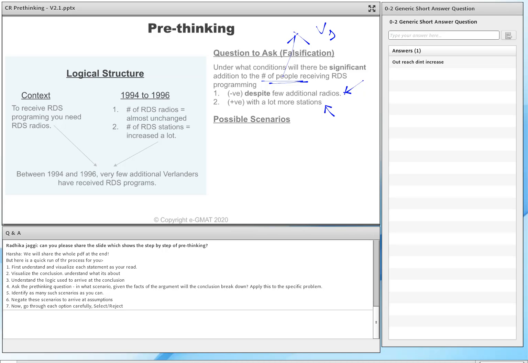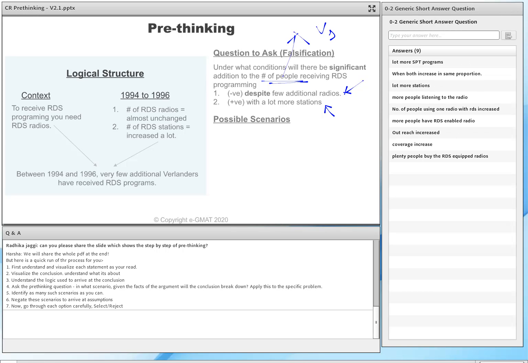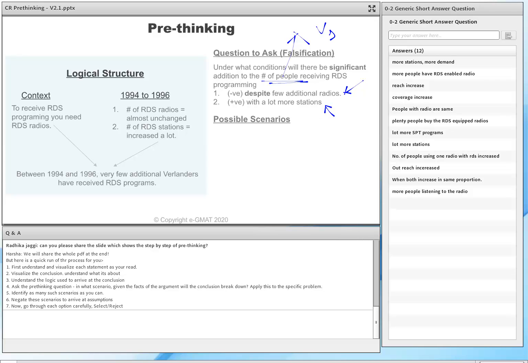I want to see more answers here. When the reach increases, yes. People are not buying RDS radios. The number of radios has remained the same. There are two answers that I got here. One is when the reach increases, which means you're putting in these new transmitting stations. So in 94, you had people living in areas where there was no station, but because you've now put in these new stations, they are now under coverage.